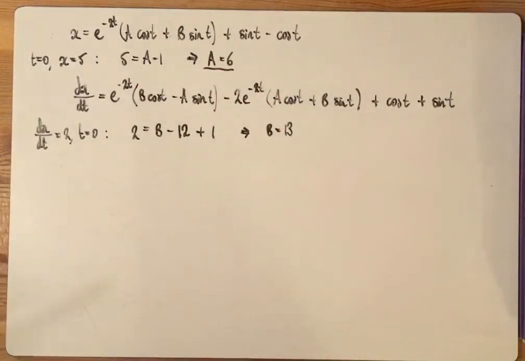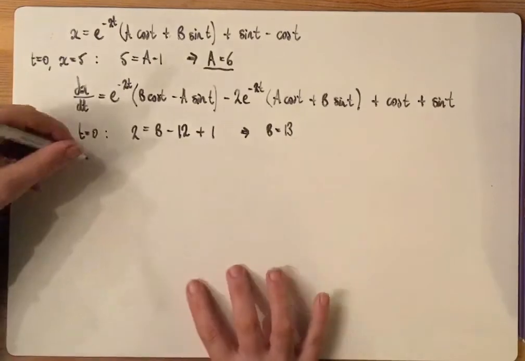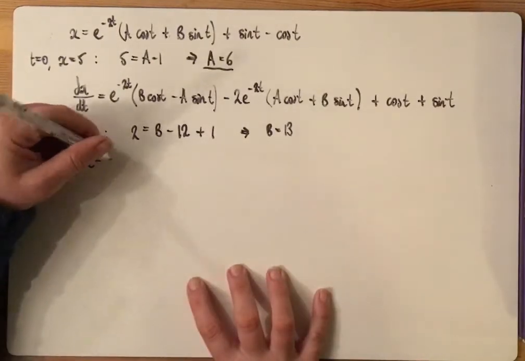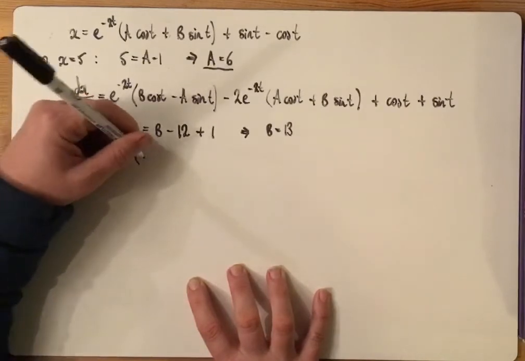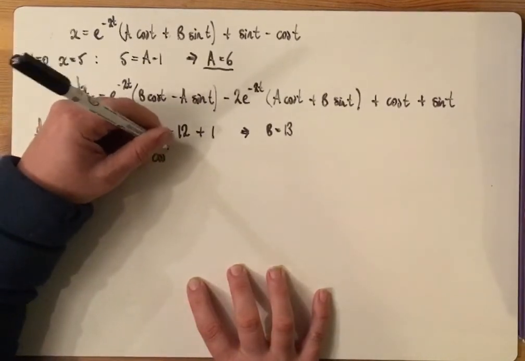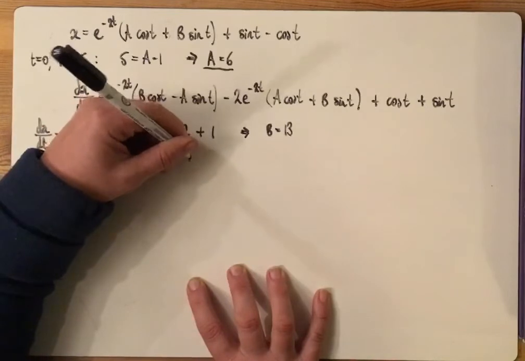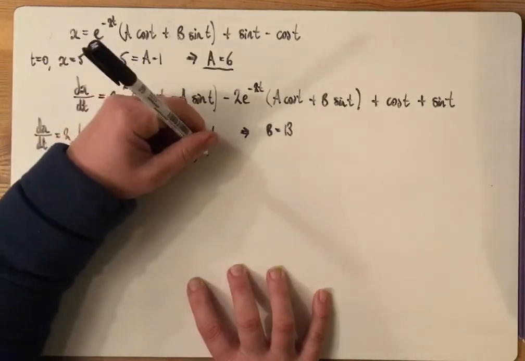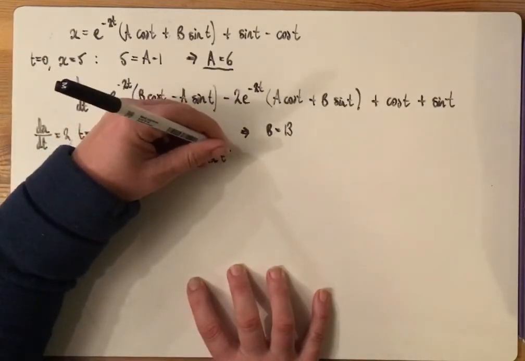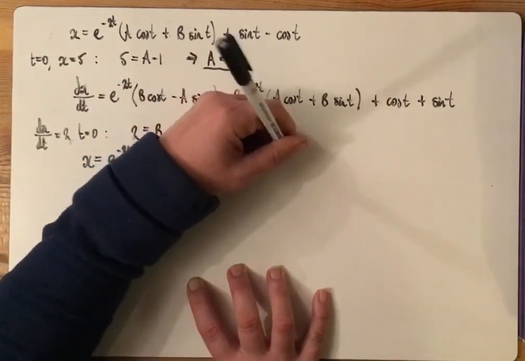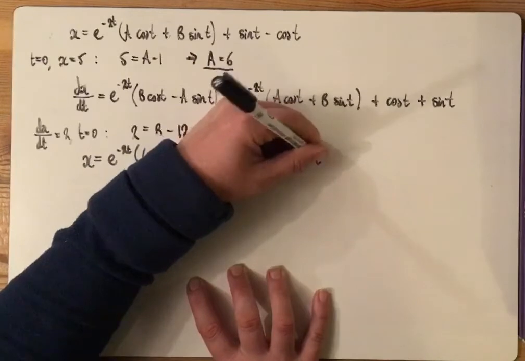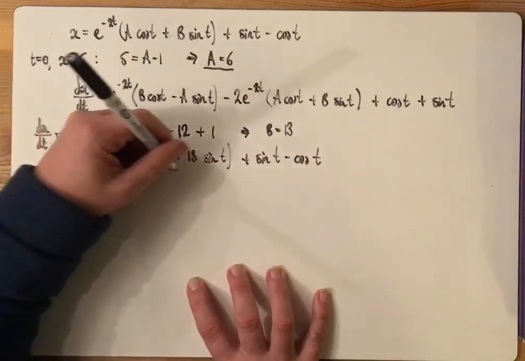So we do now have this full equation. So x is equal to e to the minus 2t, 6 cos t plus 13 sine t, plus sine t minus cos t, and you're probably thinking, what has that got to do with simple harmonic motion?